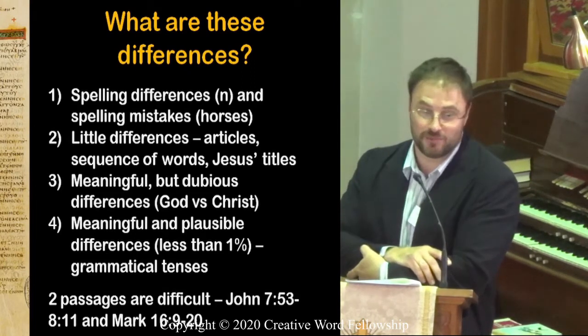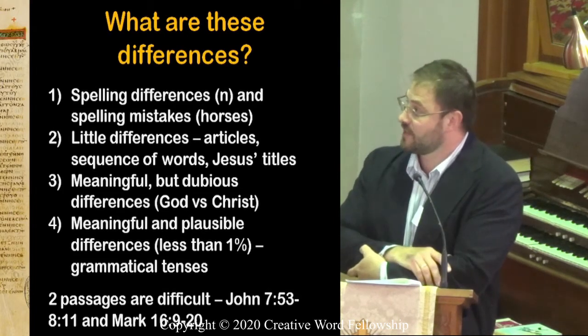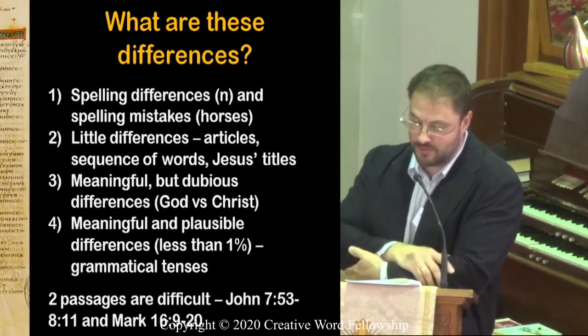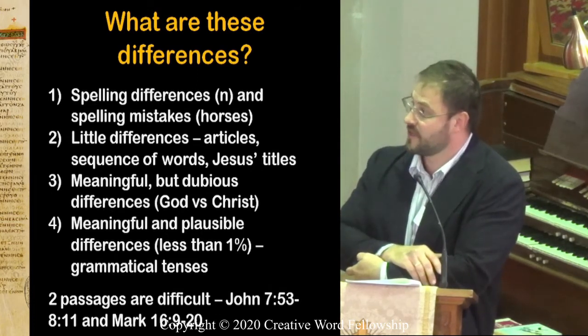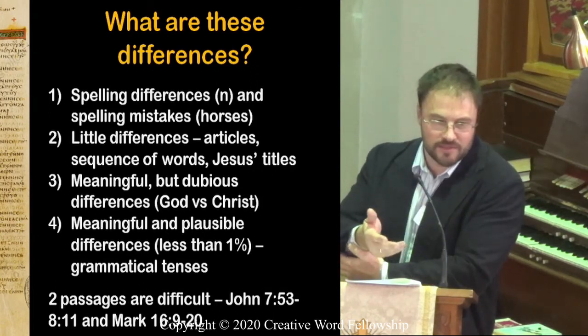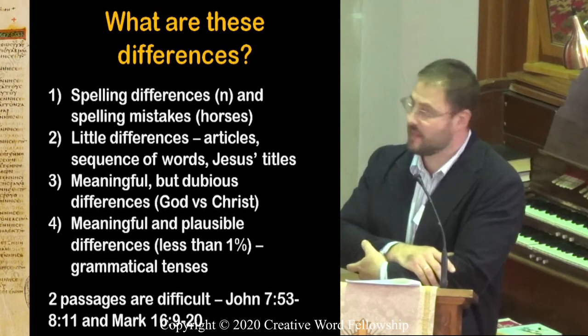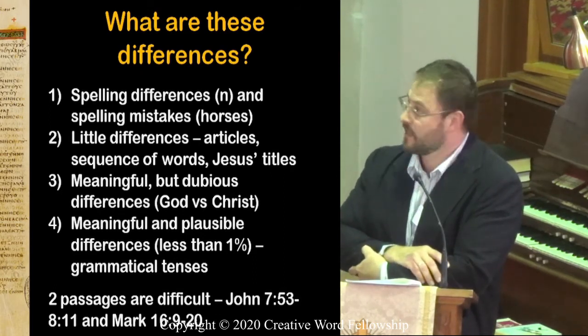There are only two passages which are kind of challenging, and of course we are used to having them in our Bibles. One is John 7:53 to 8:11, the passage of Jesus and the adulteress, and another is the long ending of Mark.